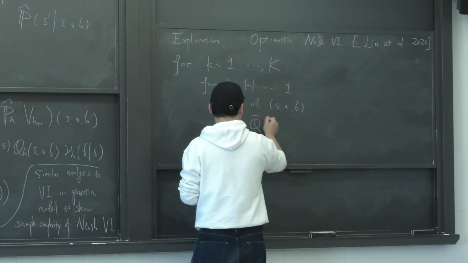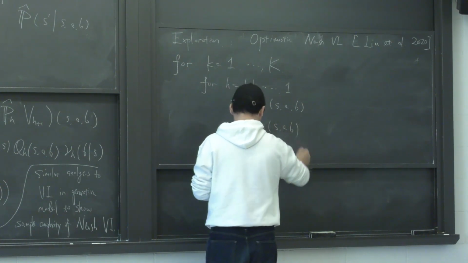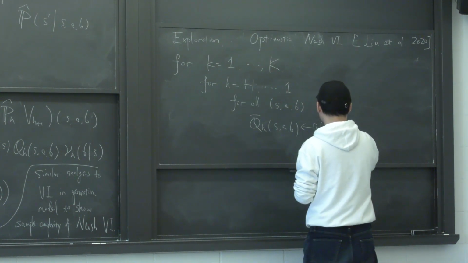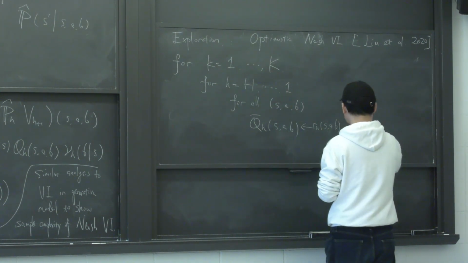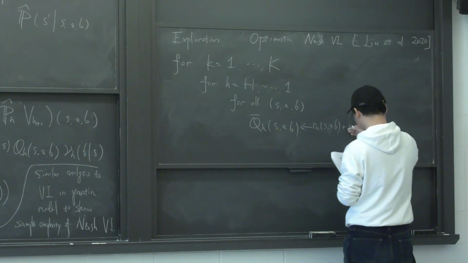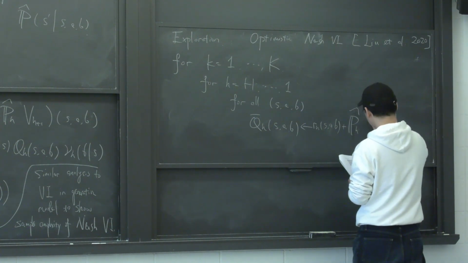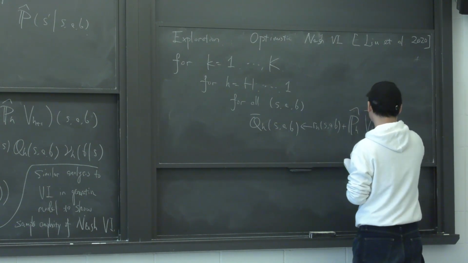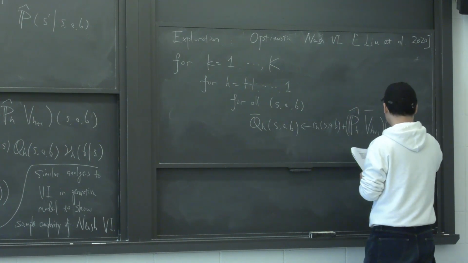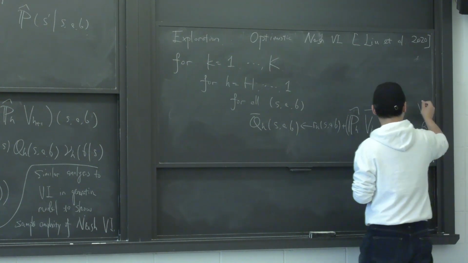That is Q upper bar equals r_h(s,a,b) plus expectation of P_h V_{h+1} upper bar(s,a,b) plus some bonus.